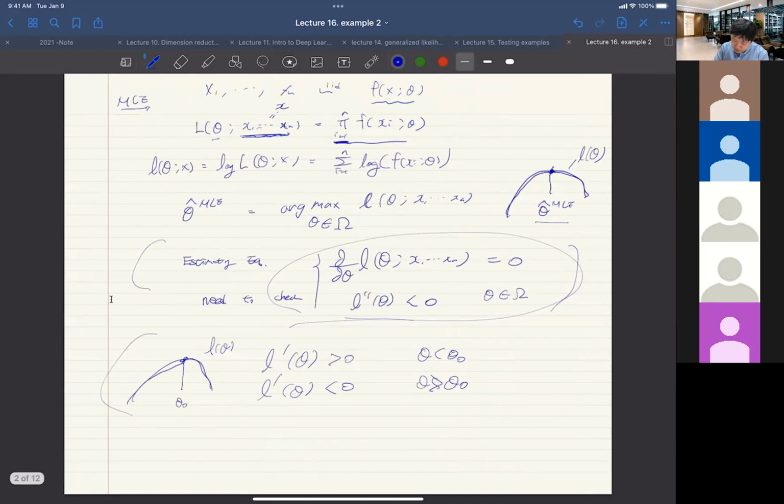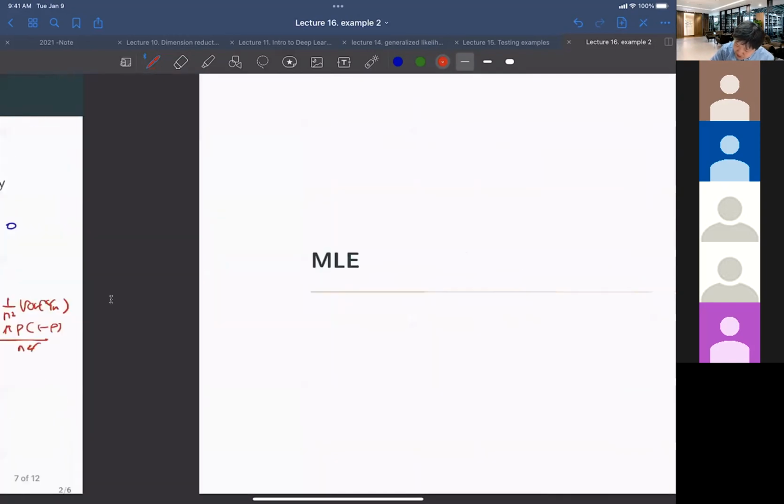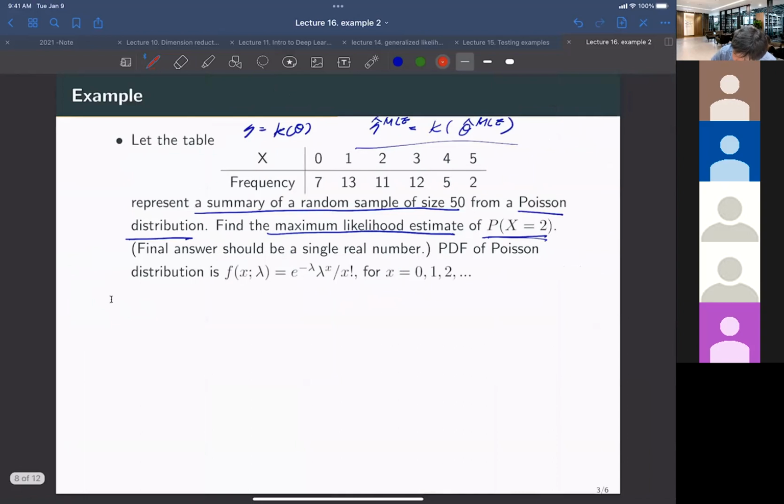So if the quantity is a function of a parameter, then the MLE of it is the function of the MLE. So we can keep this function and we only change the inside.